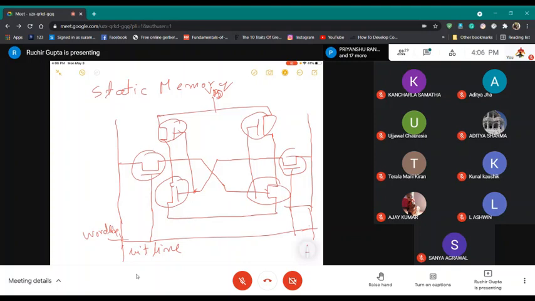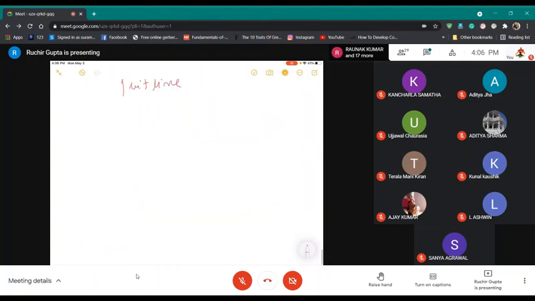Static memory is something where you store something and it stays forever. I mean, as long as you are not clearing this, it is going to stay forever. Then there is another kind of memory that you call dynamic memory. This is the diagram of dynamic memory.